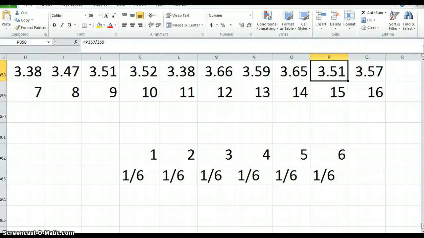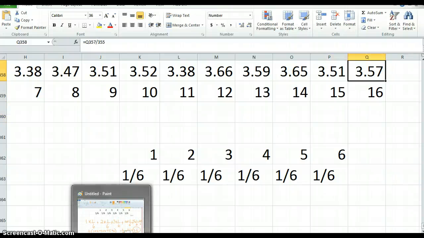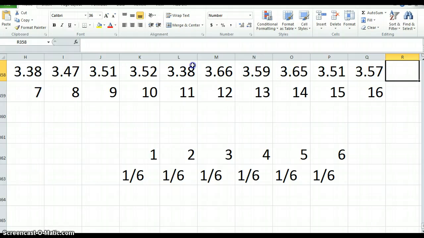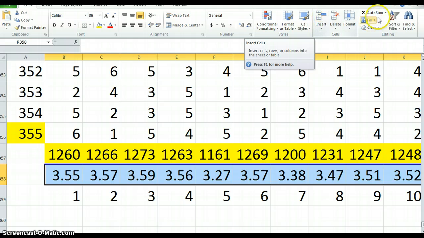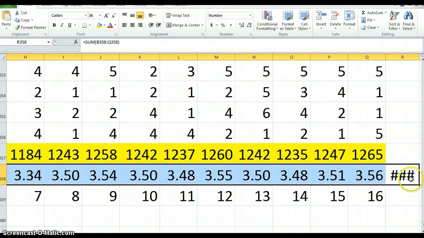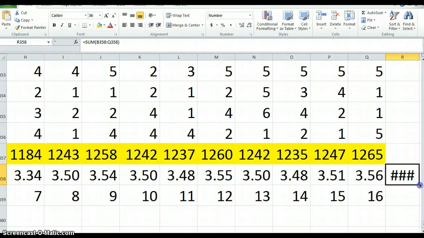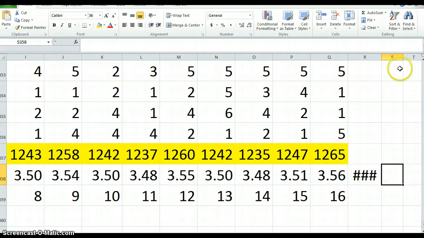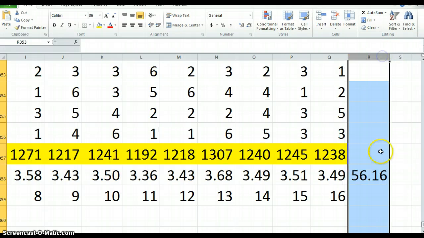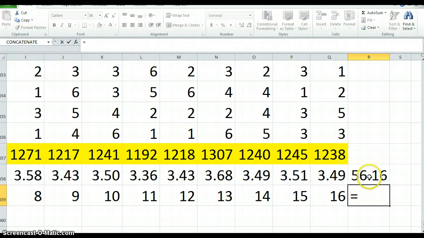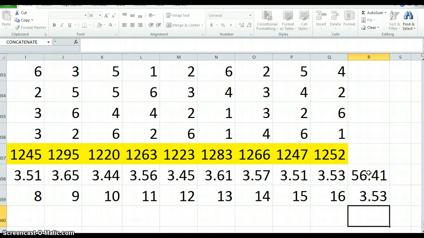But if I was to add all of those up, so that's what I was talking about before, if I grab those ones and sum it, where's my sum thing? Auto sum, okay, and there was 16, so I'm going to take that, so equals my 56 divided by the 16 columns. Now let's have a look at that one.